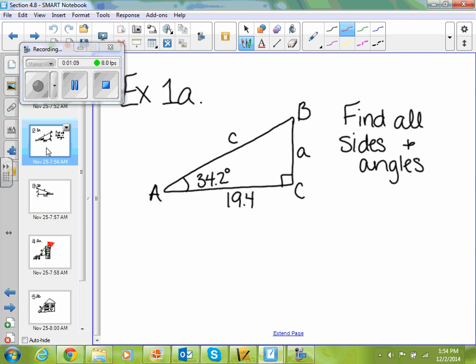Alright, so if we look at example 1a, we're given this specific right triangle which has a side of 19.4 and angle A of 34.2 degrees. We're asked to find all of our other sides and all of our other angles.